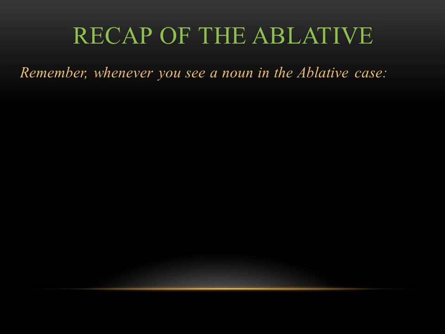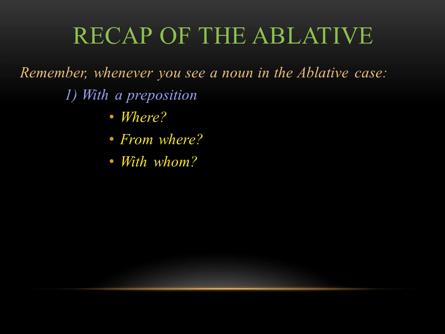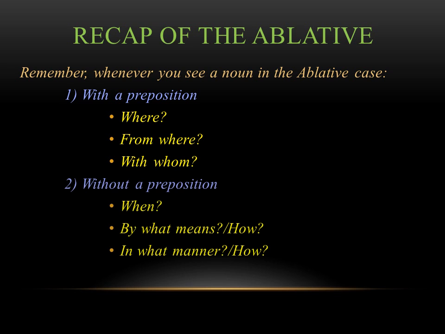So remember, whenever you see a noun in the ablative case, it's either going with a preposition, so look for the prepositional phrase. If there's a preposition, it's answering the question where, from where, or with whom. If you see the ablative without a preposition, it's answering the questions of when, by what means or how, or in what manner or how. And again, you'll notice the overlap in those last 2.